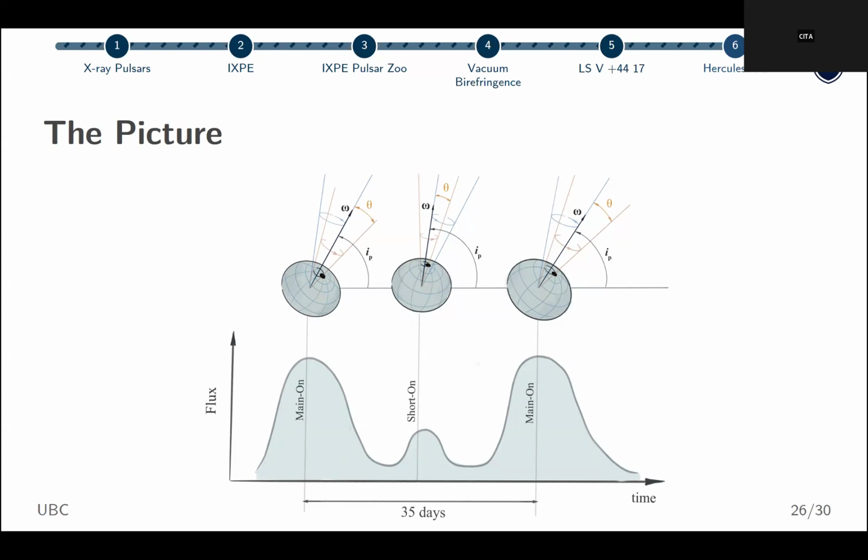And you can say to yourself, well, the spin period is 1.24 seconds, and this happens on 35 days. That gives 4 times 10 to the minus 7 for the oblateness or the eccentricity of the crust of the neutron star, right?